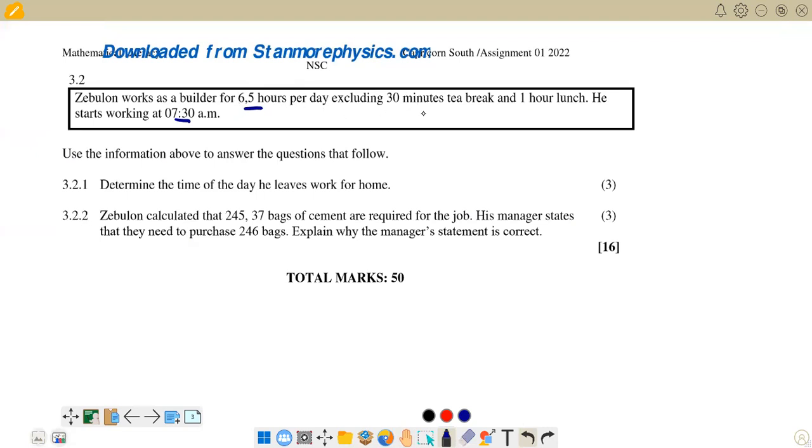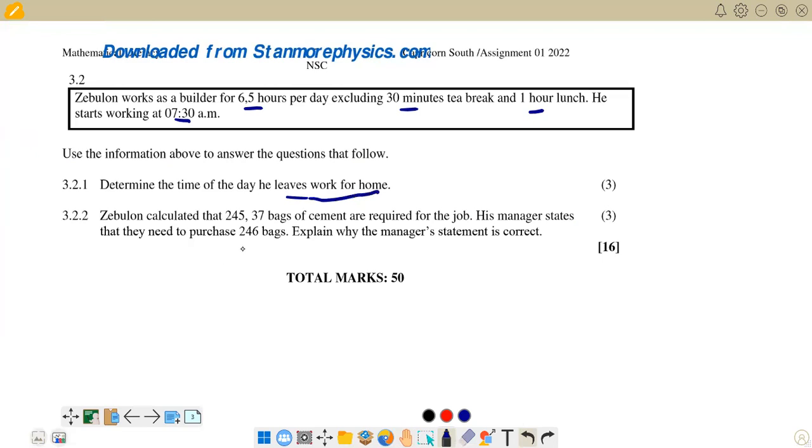The 30 minutes is excluded, and also we have the lunch hour, which is 1 hour, and this one is the tea break. So these are only the working hours. So we need to add the 30 minutes tea break and then 1 hour lunch to 7:30 to get when this worker leaves work for home.